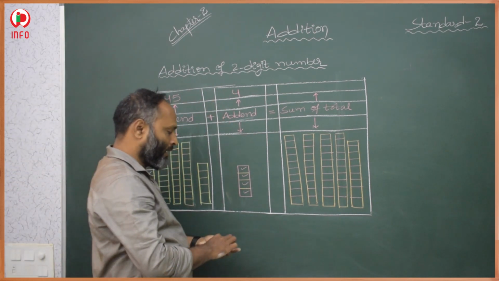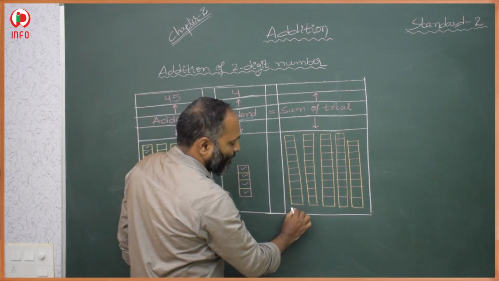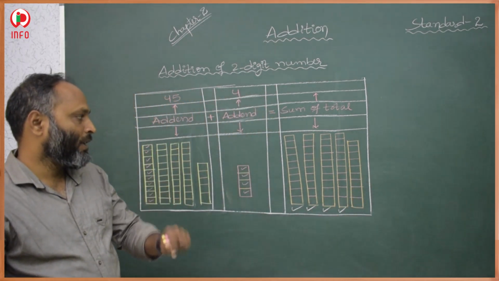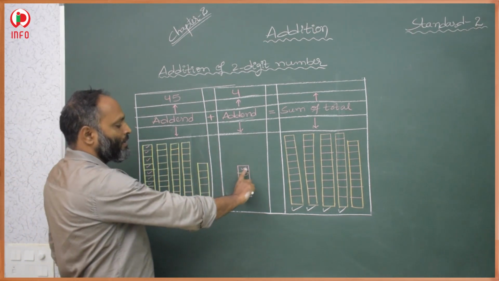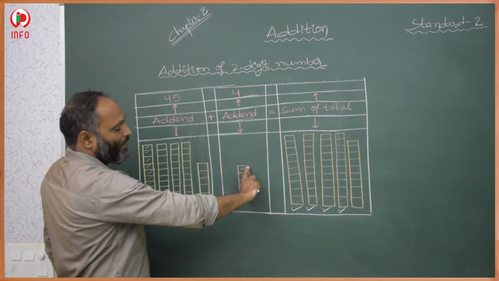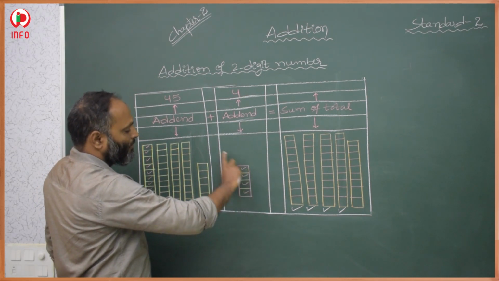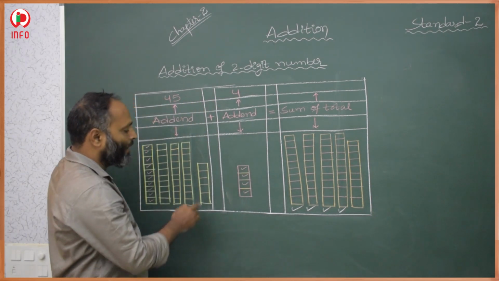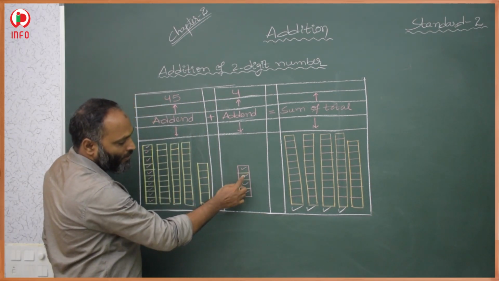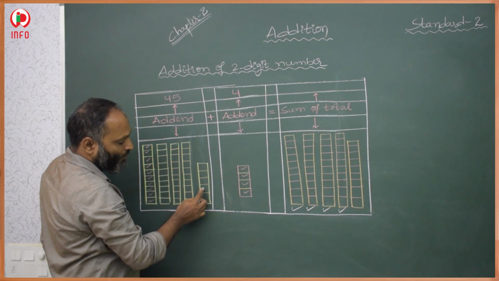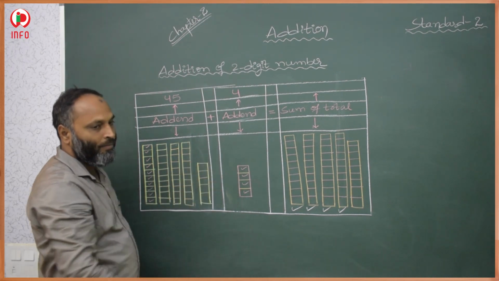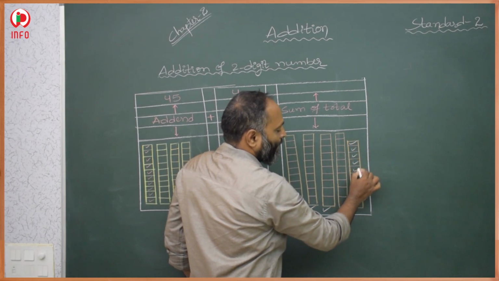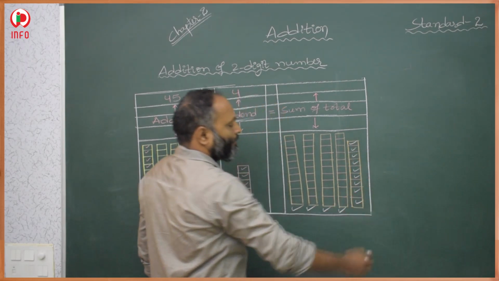Here again, we see 1, 2, 3, 4. Four complete blocks were there, and these incomplete blocks we are going to add. So we keep this block on this block, and then we form this block. Here the total of the incomplete blocks is 1, 2, 3, 4, 5, 6, 7, 8, 9.